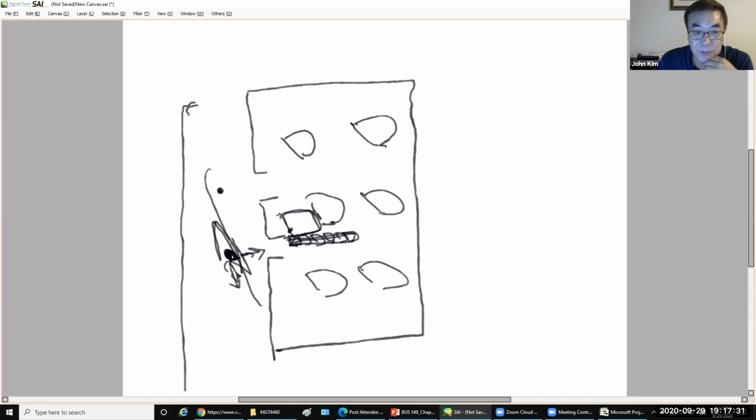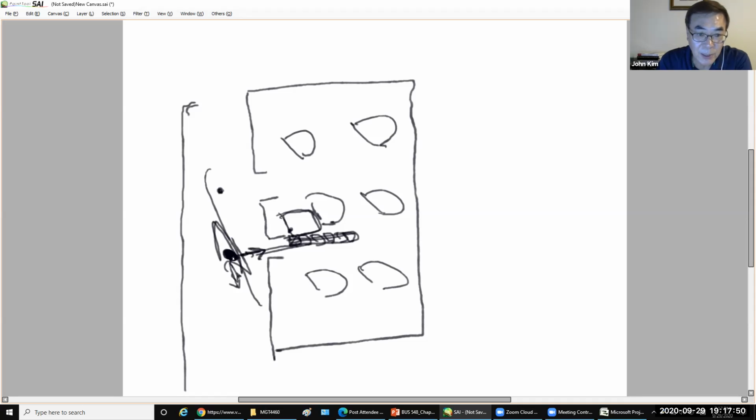So I suggested two ways to solve this problem. First, make the traffic light for this way longer.